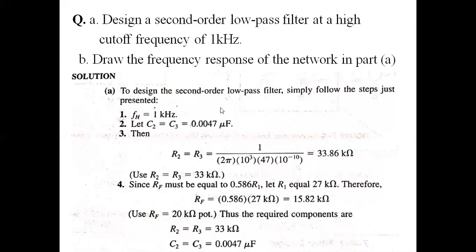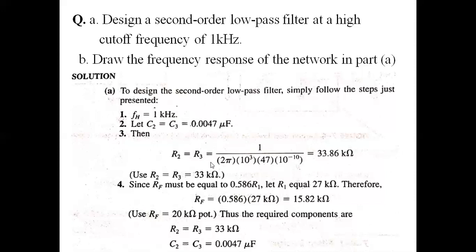Now substitute the values: F equals 1 over 2 pi times the frequency, given as 1 kilohertz, which is 10 to the power 3, and C2 and C3 equal to 0.0047 microfarad, which we can write as 47 into 10 to the power minus 10.